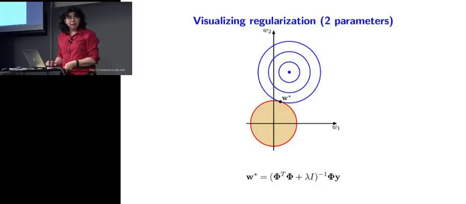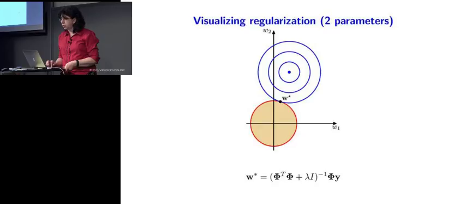However, if we add this quadratic penalty, what happens is we would like to optimize this subject to a constraint. This constraint being that the weights are somewhere within this yellow circle. And the size of the yellow circle is controlled by lambda. So what we find essentially is a point that's on the edge of the circle, and it's as close as possible to the center of the blue circle.